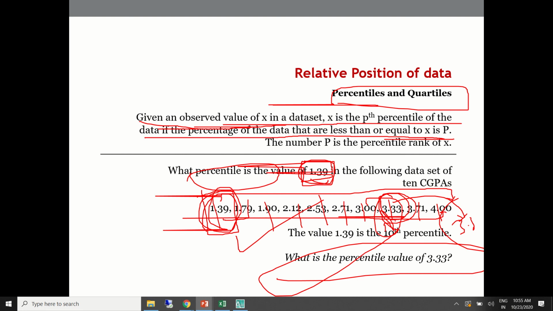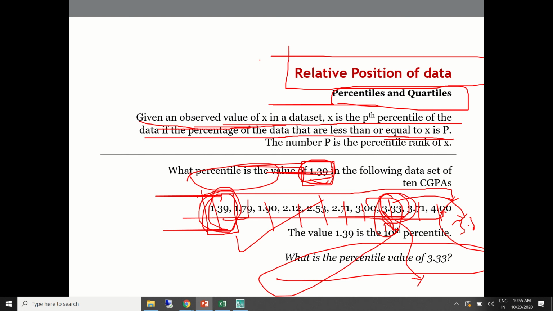So this is the 80th percentile. So the candidate is in the 80% of the classroom; he is above the 80% range. So percentile is also another technique that helps in understanding where the data is placed. If you see this word, it says relative positioning of data set.